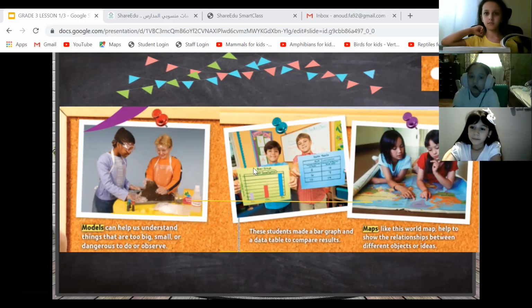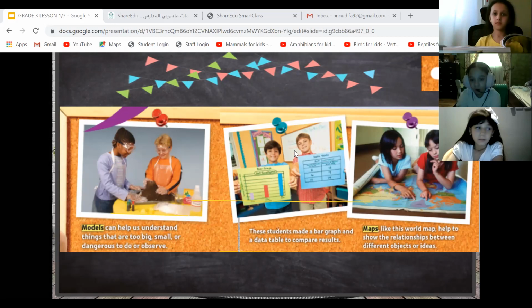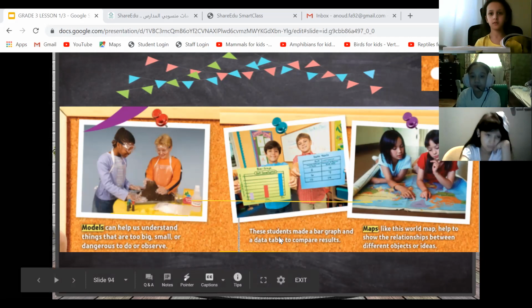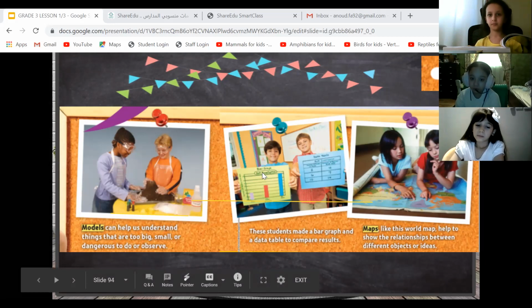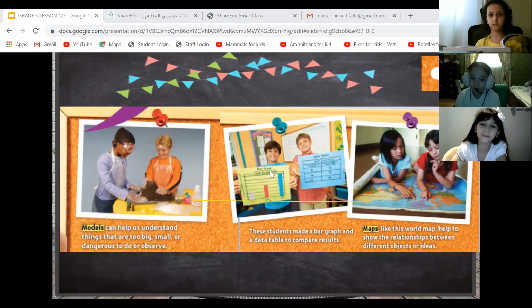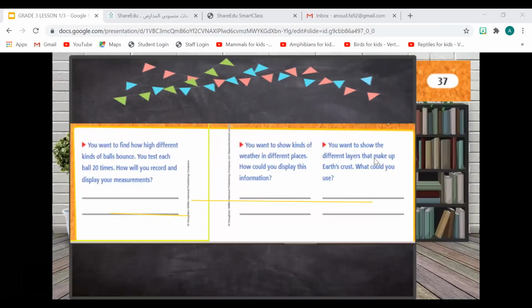What can I call this? Also a bar graph? I will remove these bars and I will put lines. So what should I name it? Also bar graph or line graph? Line graph. Yes, excellent.